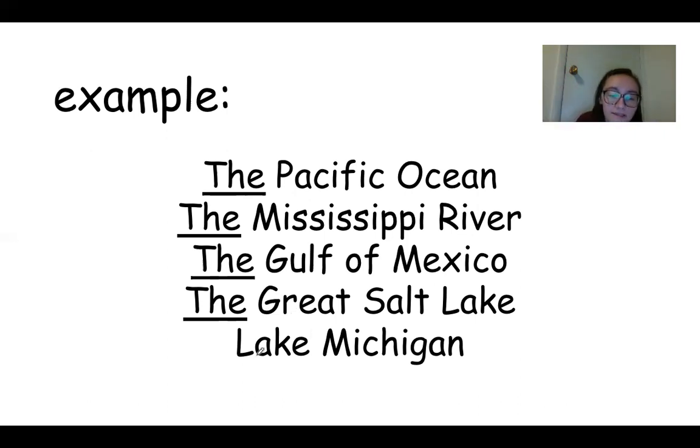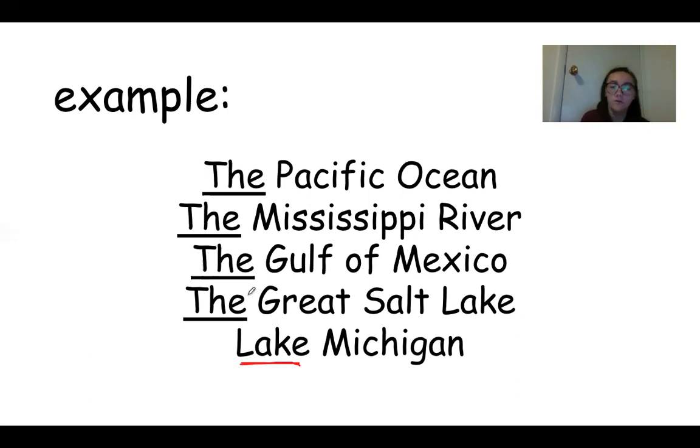But if you're referring to something as a lake and the name comes after the word lake, you do not want to use the word the. Lake Michigan, because instead of the word the telling us you're talking about something specific, lake is singular, right? It's not plural, it's only one. So it's saying it's already being specific, Lake Michigan, right?